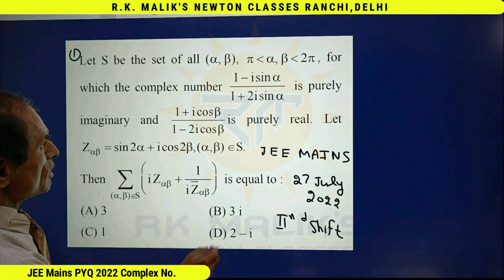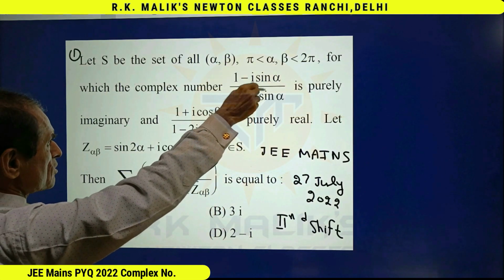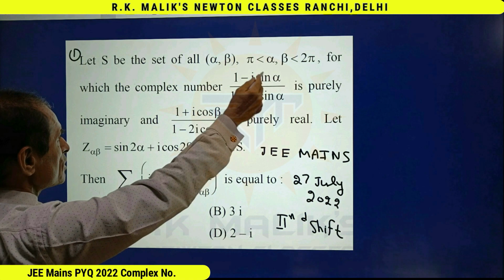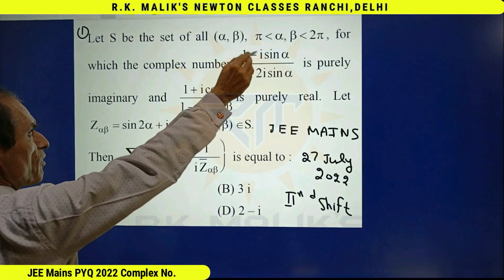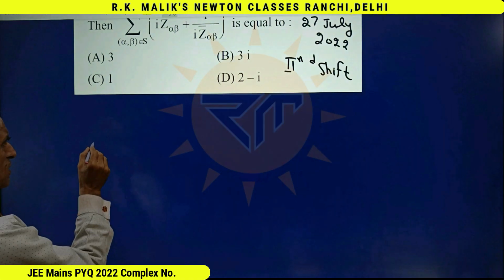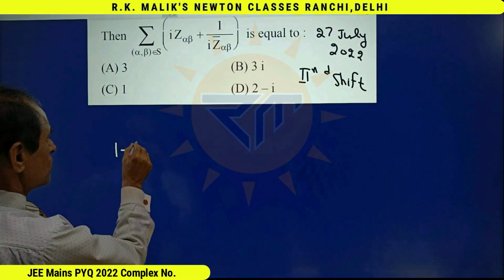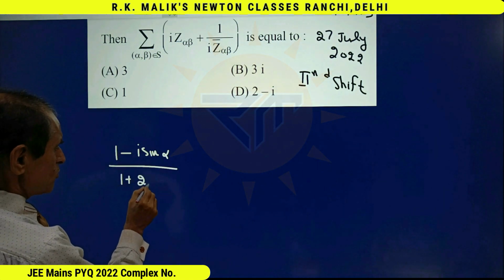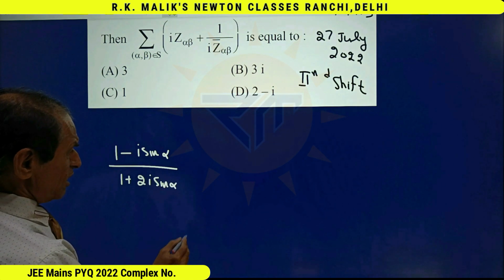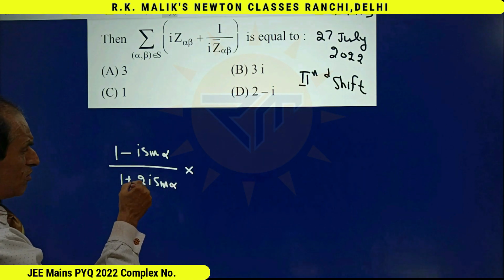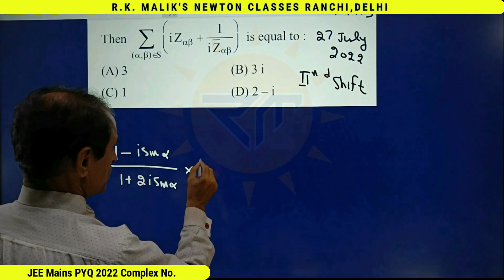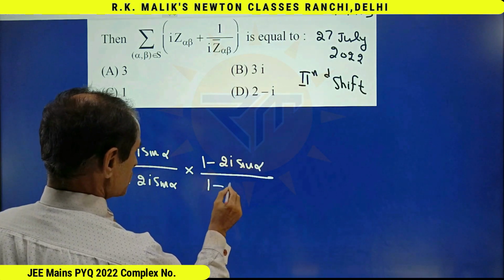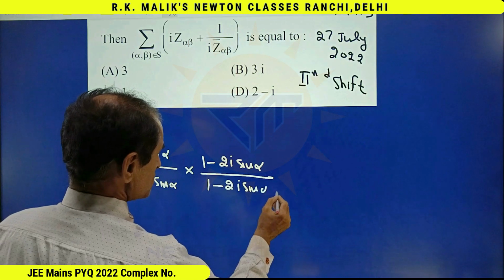To find the value of alpha, I'll find the real part of it and put it equal to 0 because it is given that this is purely imaginary. To simplify this, I proceed as 1 minus I sin alpha upon 1 plus 2 I sin alpha. To simplify it, I multiply and divide by the conjugate, 1 minus 2i sin alpha upon 1 minus 2i sin alpha.